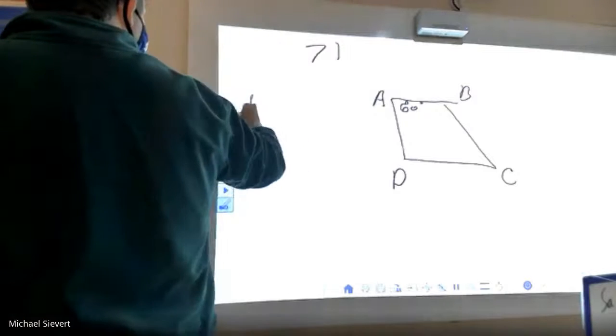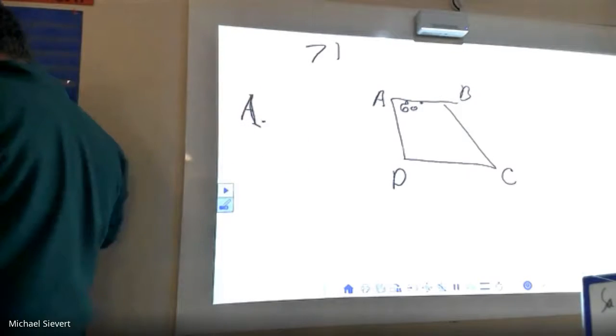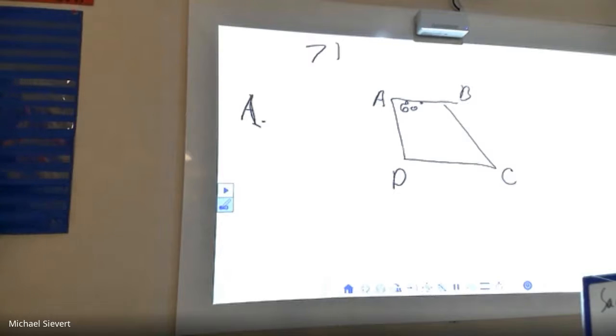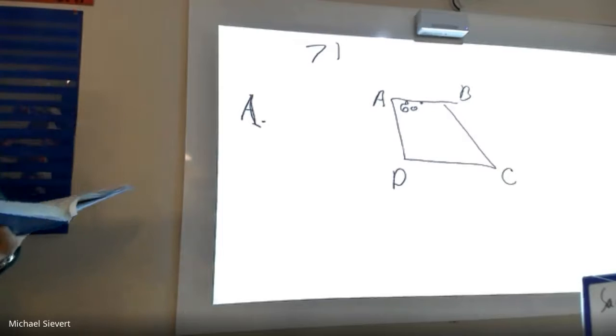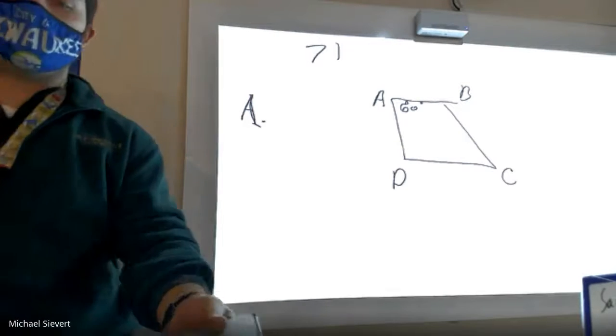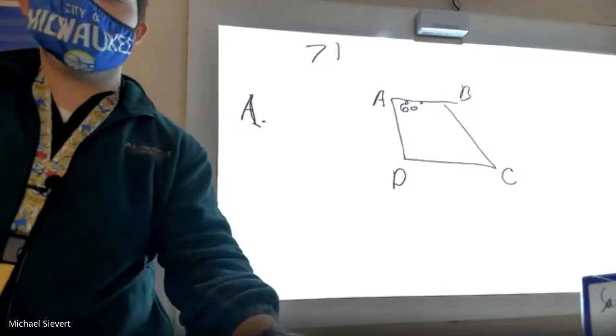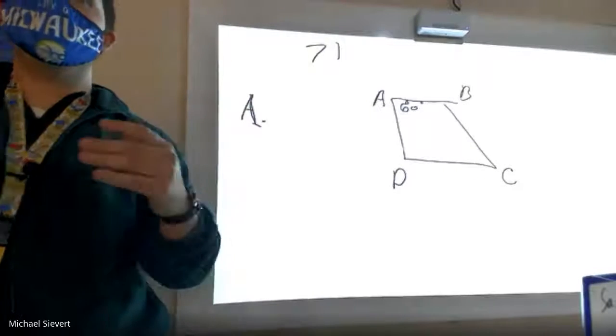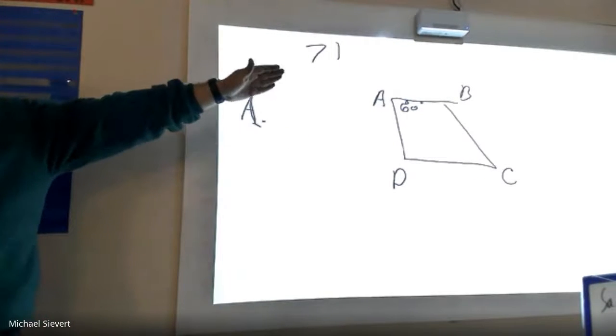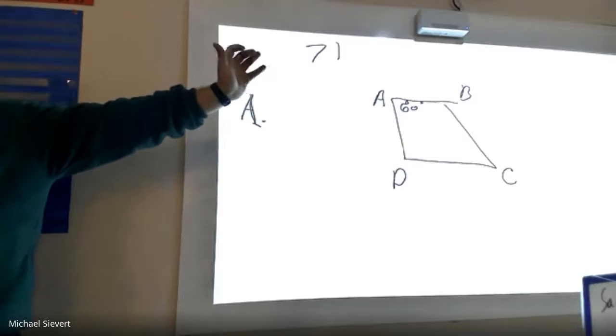For question A, who can read that for class? Nice and loud, Kamari. Angles A and C are the opposite angles in the... No, it says, what is the measure of C? Correct. When you're working with angles directly across from the one you know, think of it as a mirror.